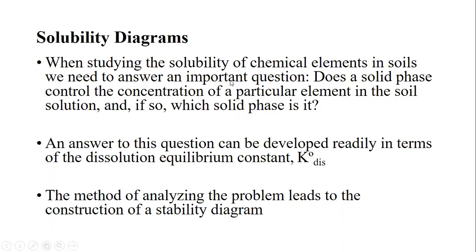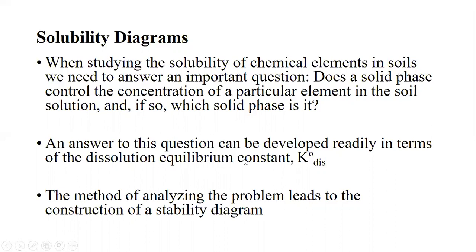If there is, just like we have seen in the dissolution equations that we discussed, we need to know what that solid phase is. What is the compound that controls the concentration of that particular element? So we'll go through this procedure so that we see how we determine this.